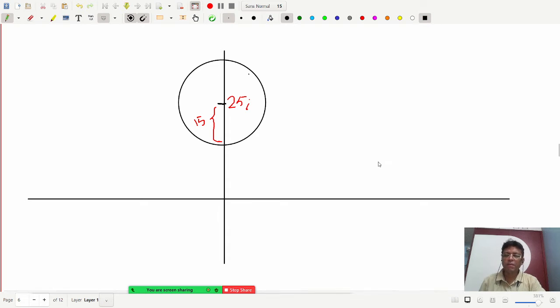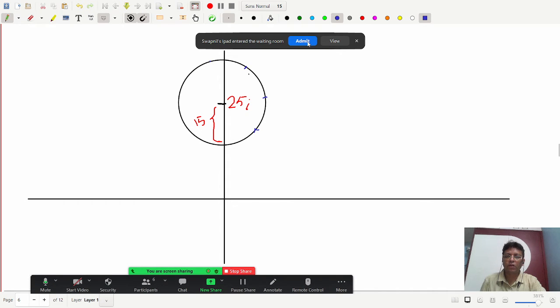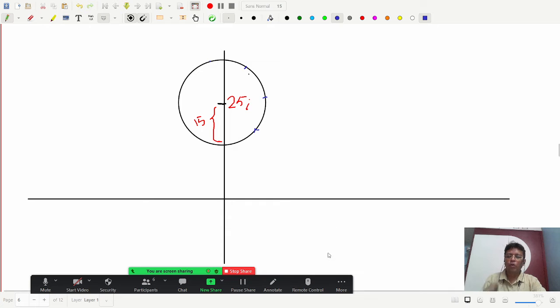And what is the minimum and maximum value of the argument? That is the question. You see, Z is a complex number on the circumference of the circle. It's moving like an electron. Here is a position of Z, and here is a position of Z. So this may be the position of Z. Okay, so we can think about that.